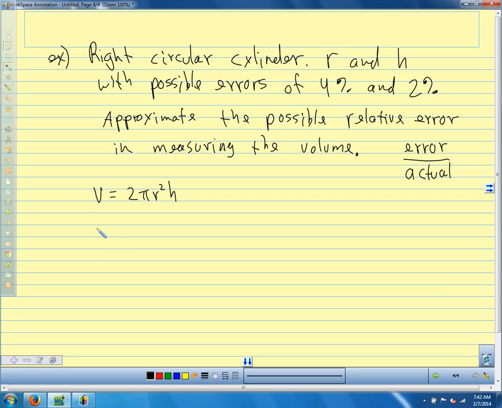So I'm going to say dV, our change in volume, is going to be dV dr, dr plus dV dh, dh.